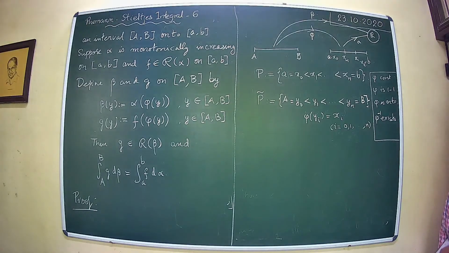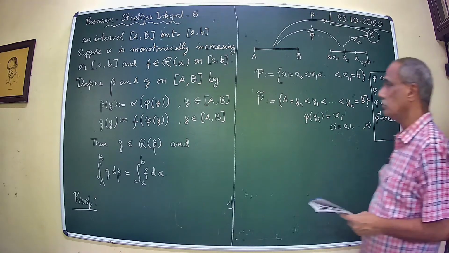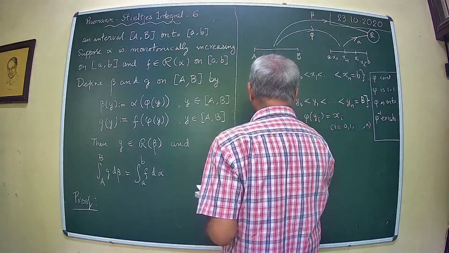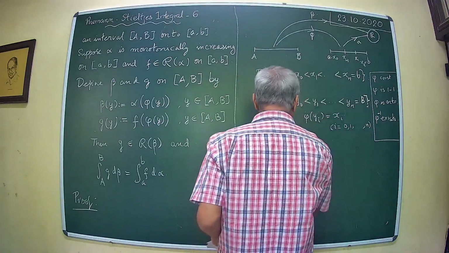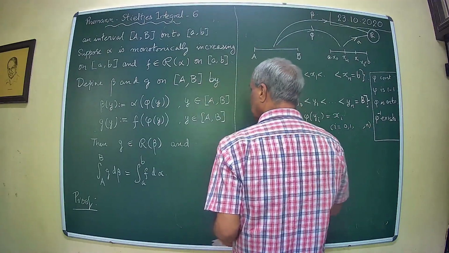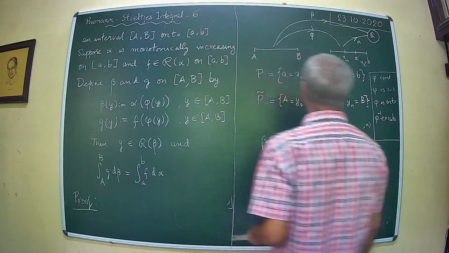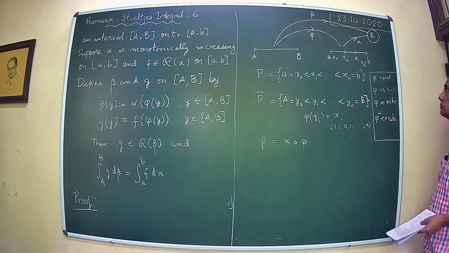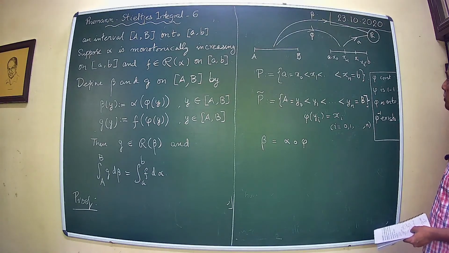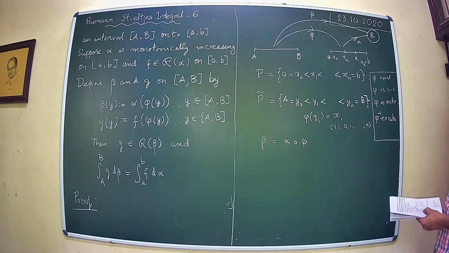What is beta? Beta is equal to alpha composition phi.